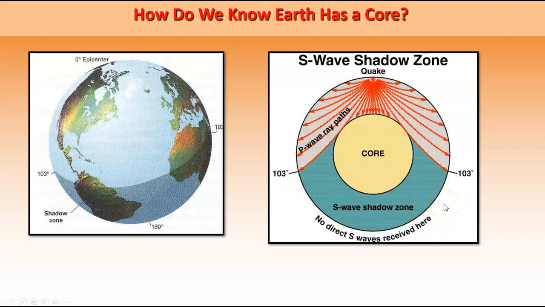The interpretation from that data would be that there must be something liquid inside the Earth that is stopping the transmission of these waves. And so this is one way that we're determining that there is a liquid outer core, a boundary. There must be a boundary between the mantle and the core.